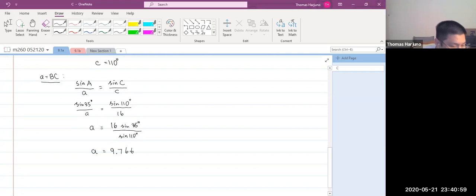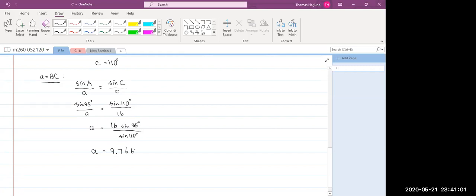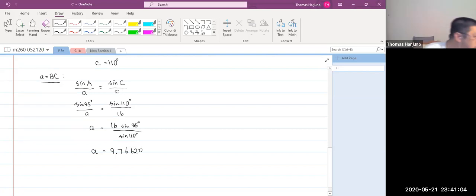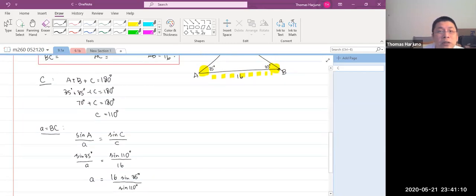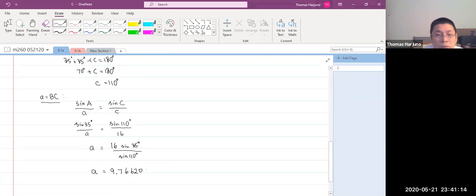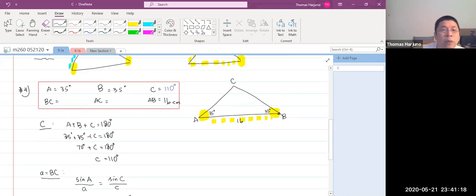9.76620, 5 decimal places, right? And this will be in centimeter because this 16 is in centimeter. Okay, so let me put it back here.